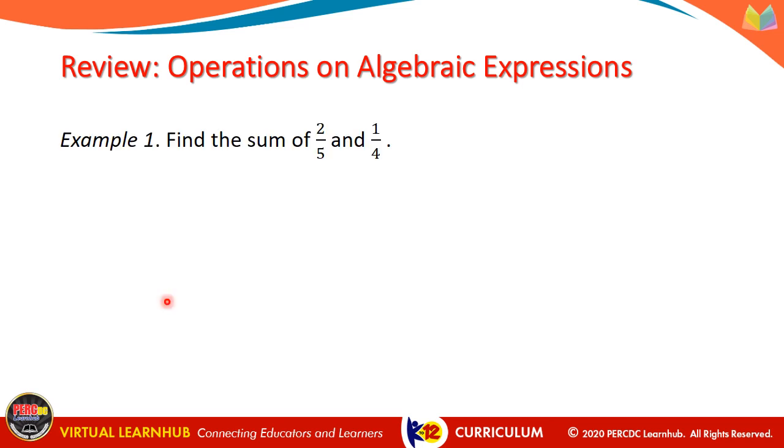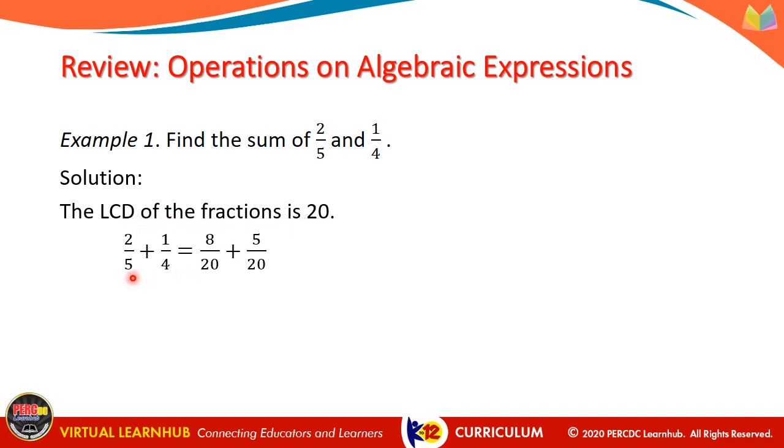Example number 1. Find the sum of 2/5 and 1/4. Noting that the denominators are 5 and 4, the LCD or least common denominator of the fractions is 20. We can write 2/5 plus 1/4 to be equal to 8 over 20 plus 5 over 20. 2/5 is equal to 8 over 20 and 1/4 is equal to 5 over 20.